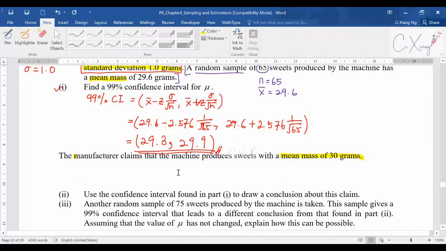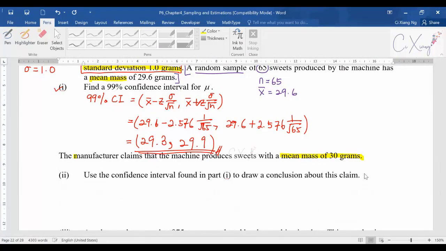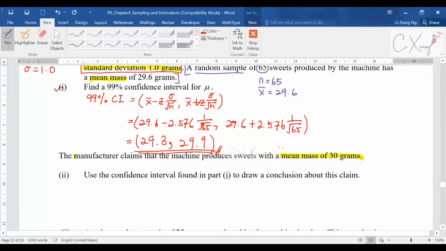Now they want you to use the answer in part 1 to draw a conclusion about this claim. The manufacturer states that the machine produces sweets with a mean mass of 30 grams, so is this claim correct or wrong?